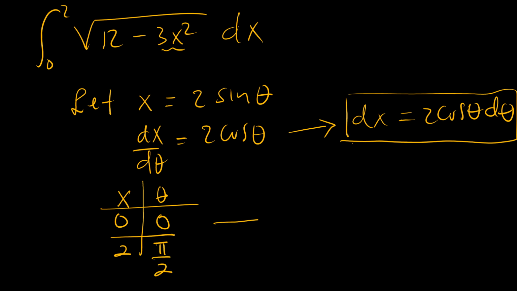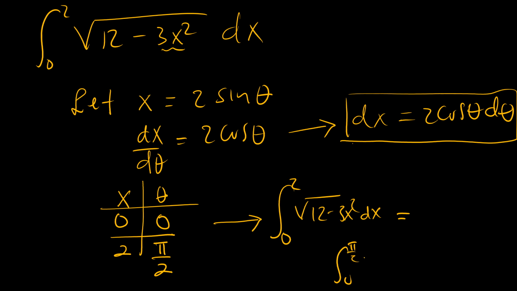Now that means that our integral from x equals 0 to 2 of the square root of 12 minus 3x squared is the same as the integral from 0 to pi over 2 of the square root of 12 minus 3 in bracket 2 sine theta all squared, and then we have 2 cosine theta, right? Let's keep going.